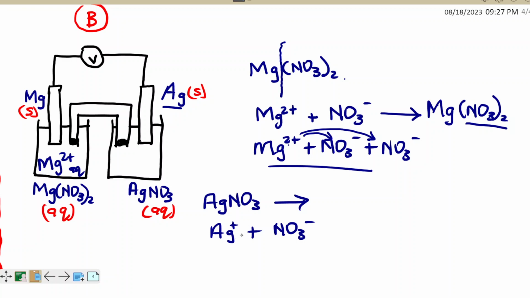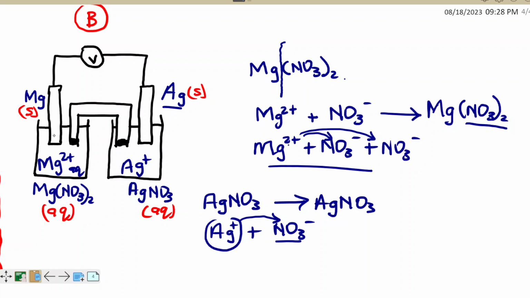So that's why one of these donates an electron to one of that. The product will be just 1 silver and 1 nitrate. So inside the solution you have here the Ag+. That's what I wanted you to notice.